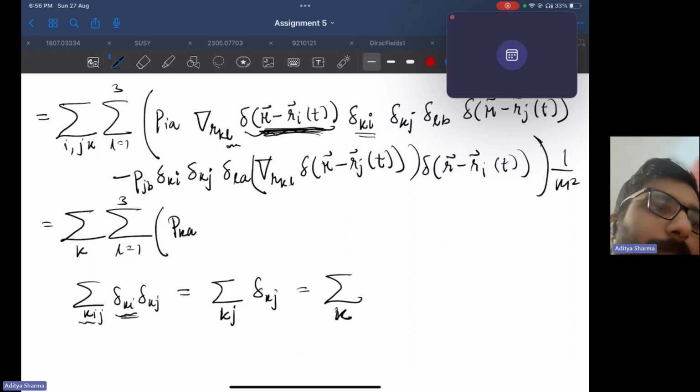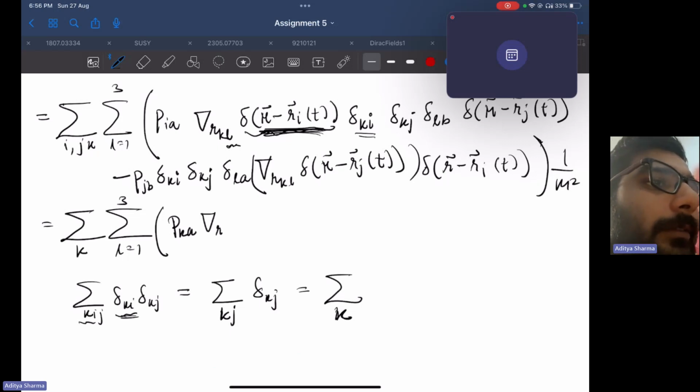Alright. So whenever you had I you substitute that with K, and whenever you have J, you substitute that with K, minus R_i, and I is substituted with K.